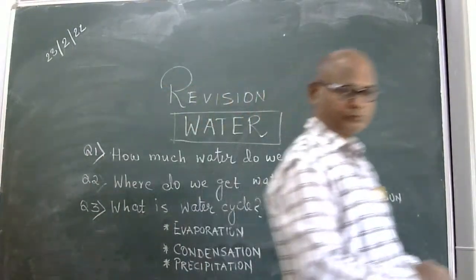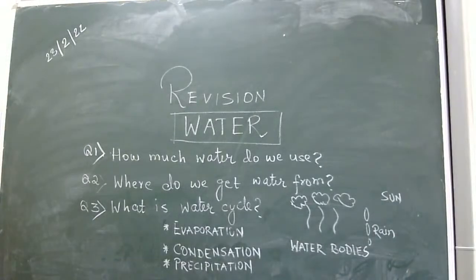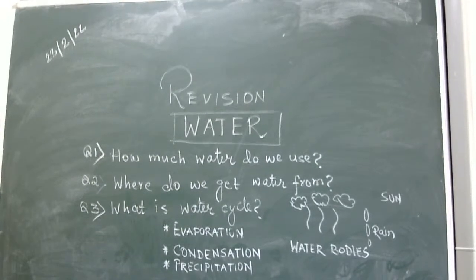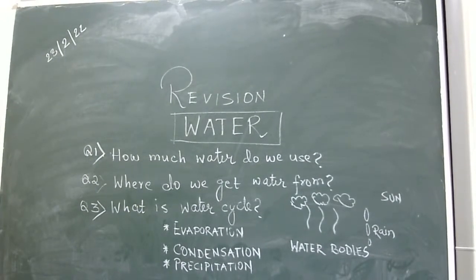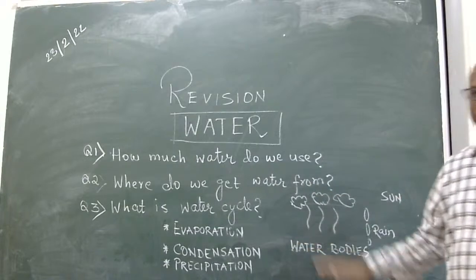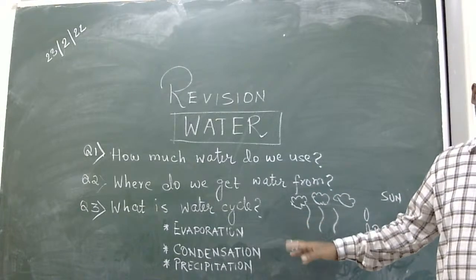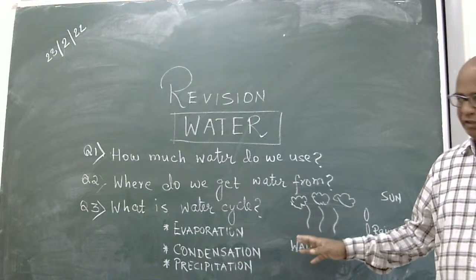Okay. So you have to cover all these important terms while you are writing about water cycle. So whenever you write about water cycle, all these terms should be covered, like evaporation, condensation, precipitation.